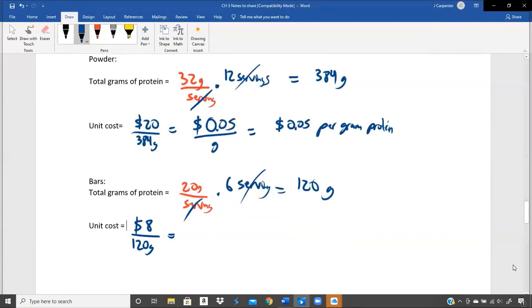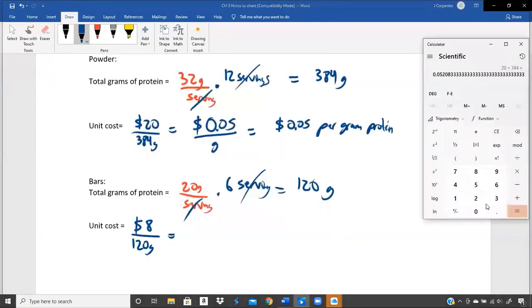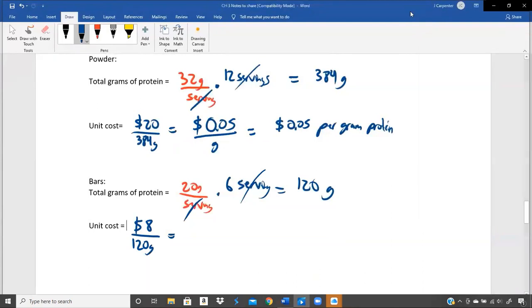When we do 8 divided by 120, 0.0666666, which rounded to the nearest penny would be 0.07. So 0.07 per gram, but it's just better written as 7 cents per gram of protein.